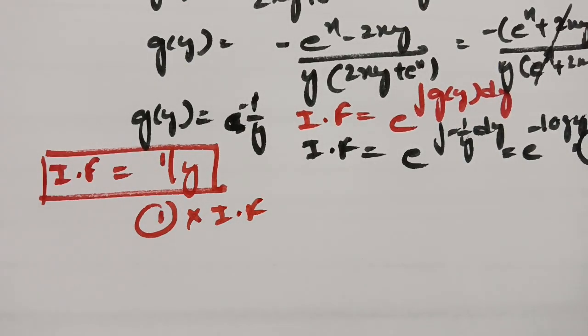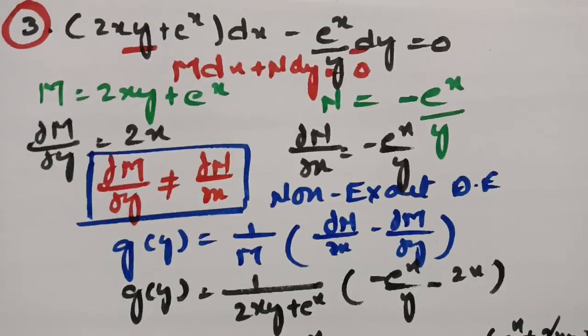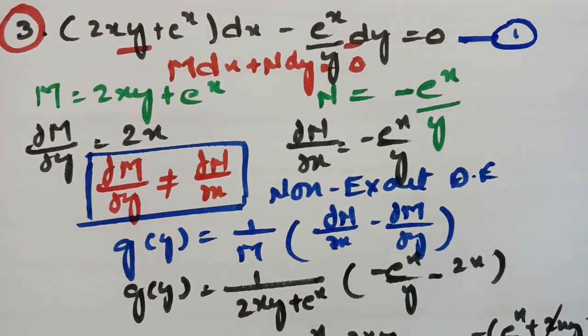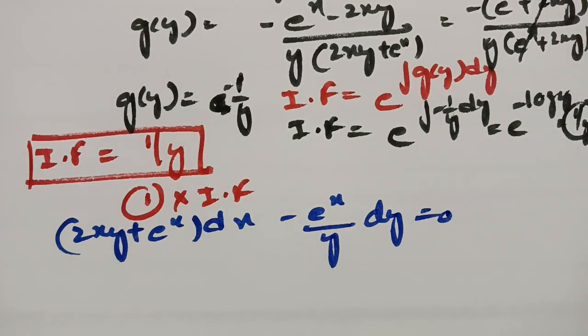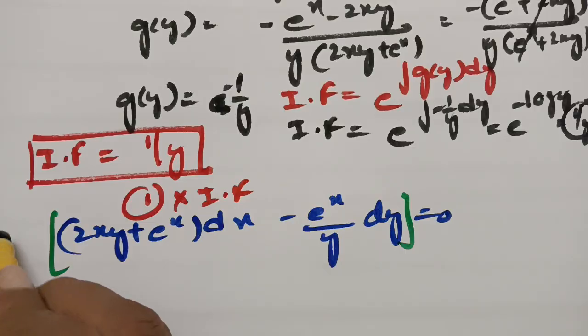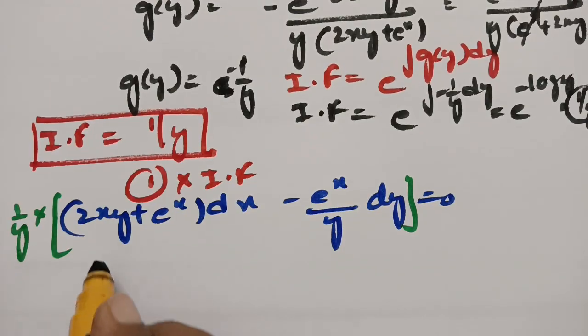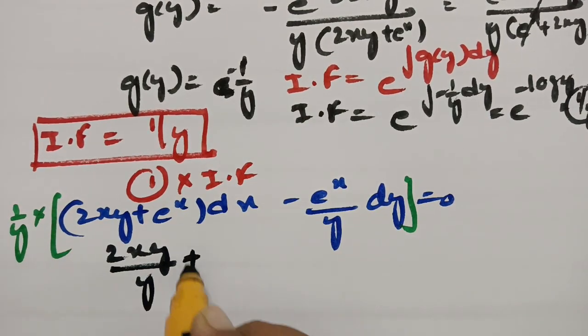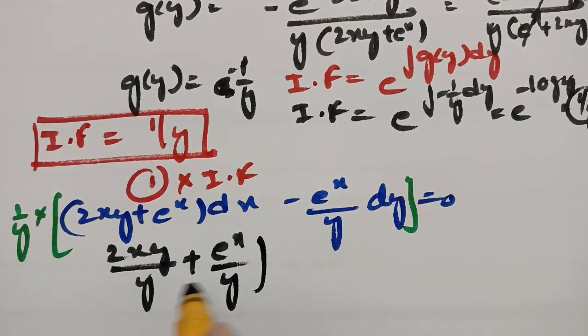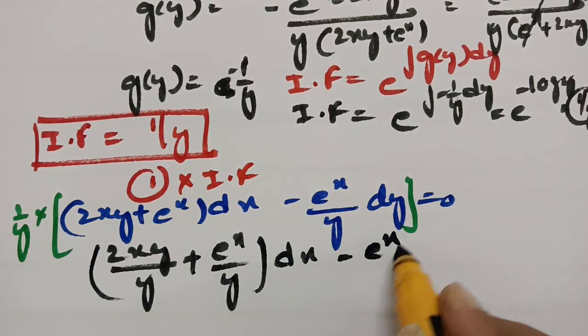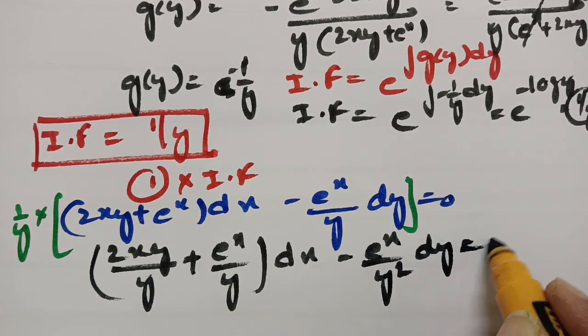The question itself is equation 1: (2xy + e^x) dx - (e^x/y) dy = 0. Multiplying throughout by 1/y, this becomes (2xy/y + e^x/y) dx - (e^x/y²) dy = 0.